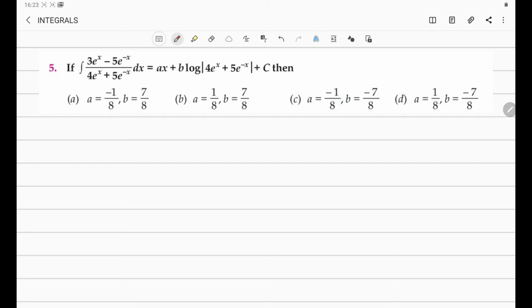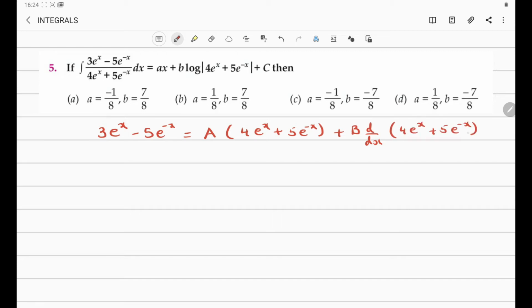We write the numerator 3e^x minus 5e^(-x) as a into the denominator, that is 4e^x plus 5e^(-x), plus b into the derivative of the denominator, that is d by dx of 4e^x plus 5e^(-x).